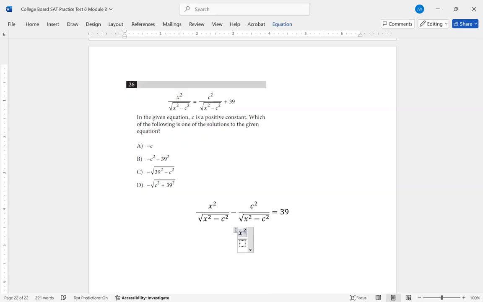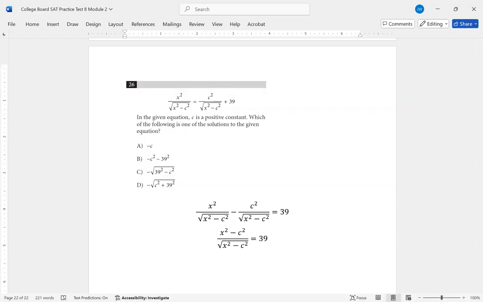That's going to be x squared minus c squared, divided by the square root of x squared minus c squared, set equal to 39. Okay, so all of that is equivalent to my original equation.